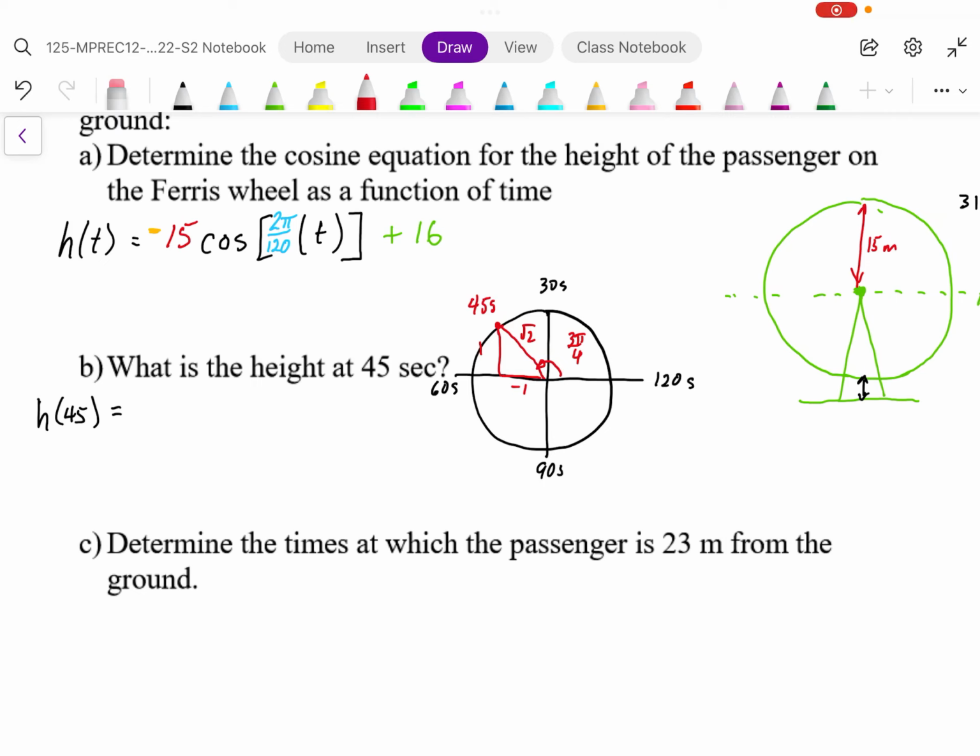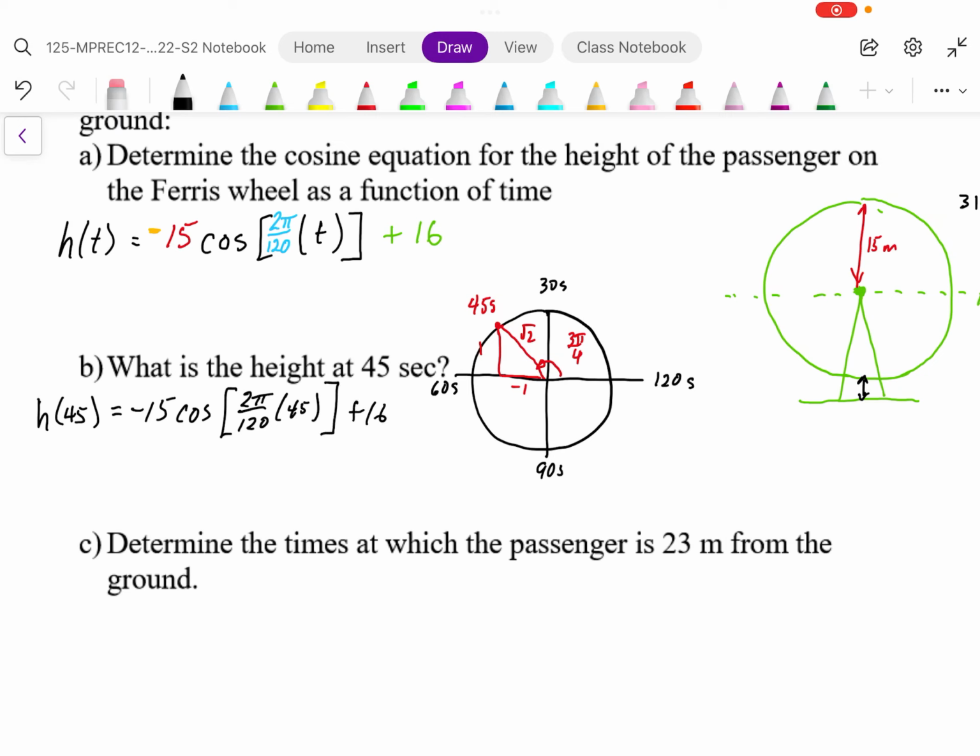So I'm just going to plug it into my equation. I'm going to end up with negative 15 cosine, and that angle works out to be 3 pi over 4. So if I plug in 45 seconds into here, I get 2 pi over 120 times 45 plus 16.